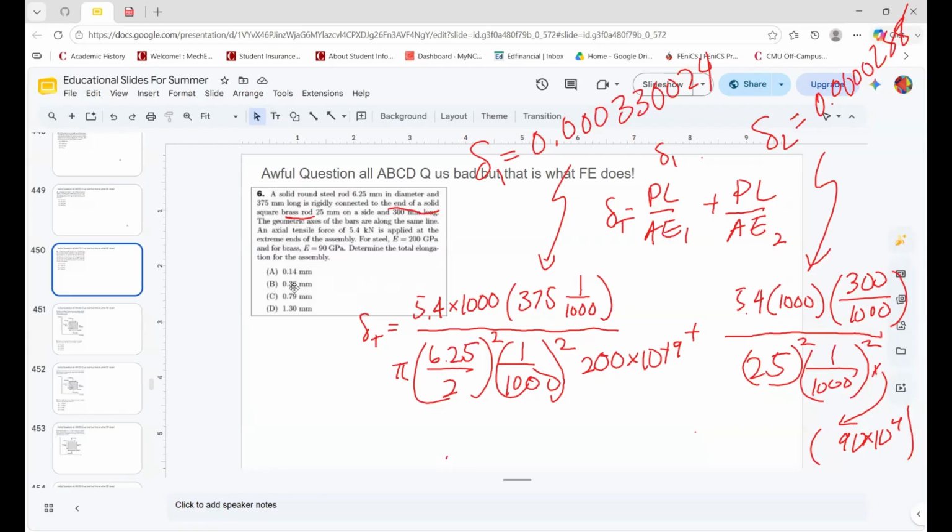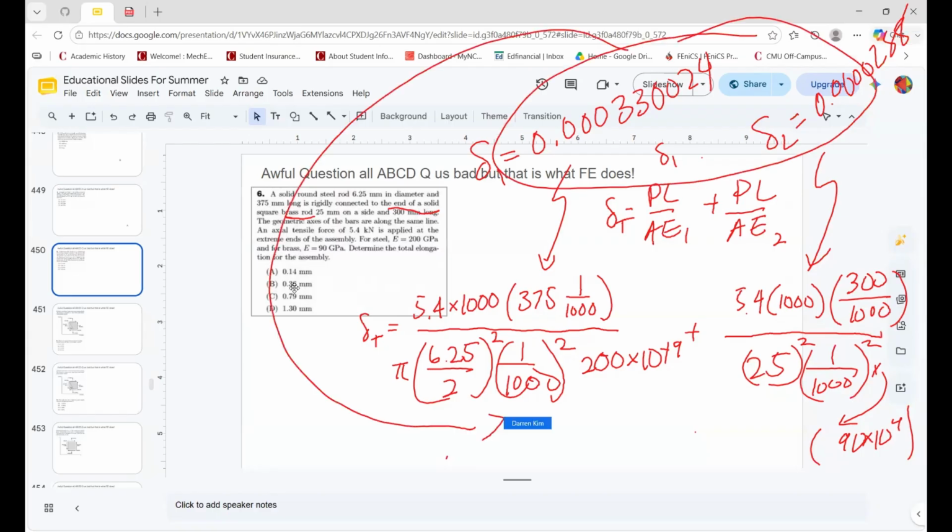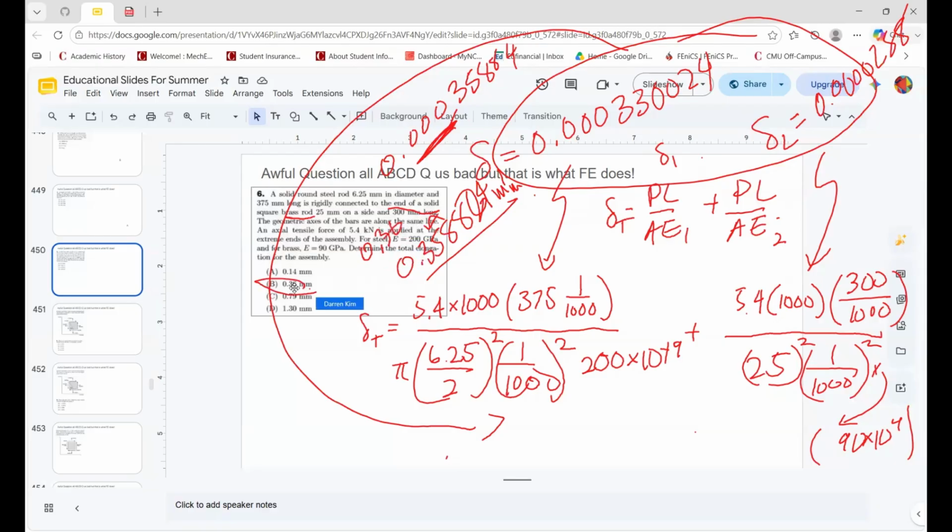So that total gave me 0.358824 millimeters. Because the calculator gave me 0.000358884, but this 3 goes away if you multiply by 1,000, I believe. And you get 0.35, and then you round up to 0.36, which is B.